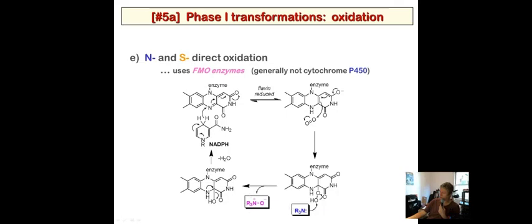And then you're left with your tertiary amine N oxide, and then you have a hydroxy group left over. Nitrogen lone pair can kick in and kick off the OH, and then you're just where you started. And then a new NADPH can join this process and start over. It's a nice catalytic cycle. It's pretty easy to see at the molecular level.